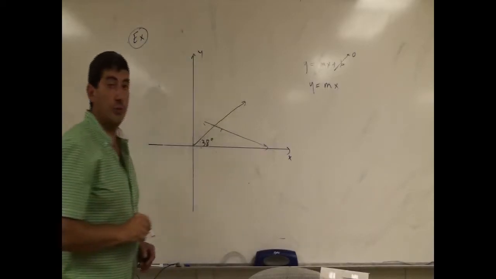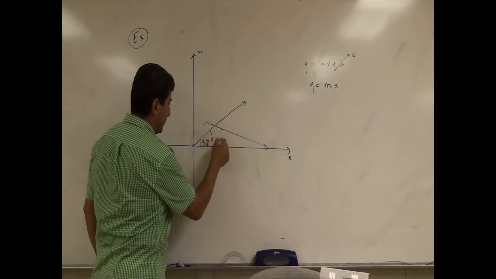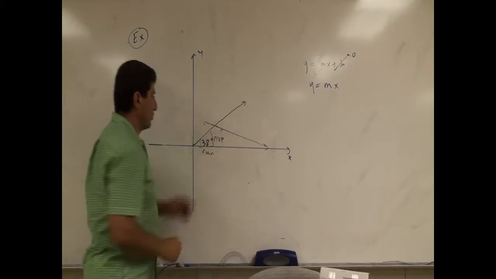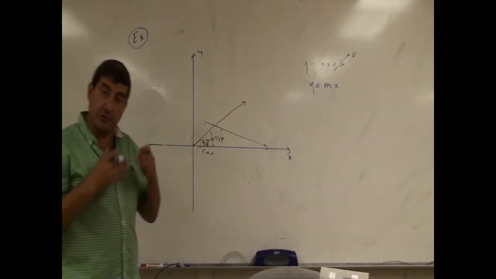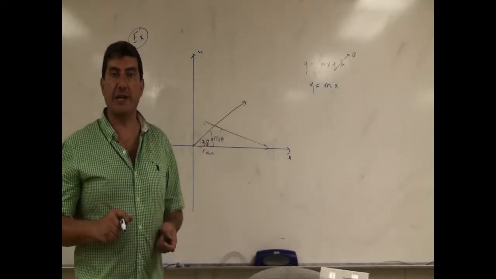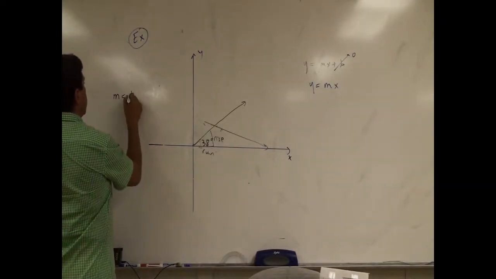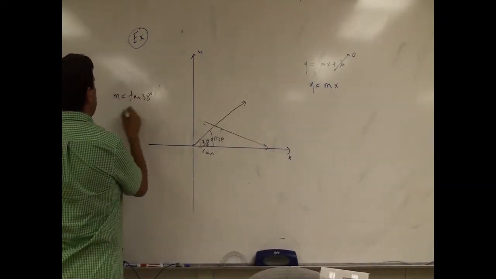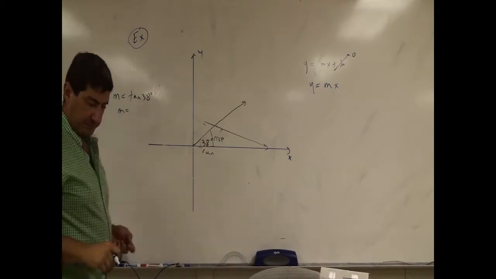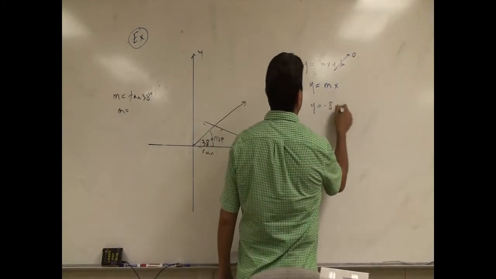So the slope is rise over run. So it would be tangent of 38, right? So if you know the angle of a line, you could take the slope by just calculating the tangent of that angle, right? So m is going to be tangent of 38. So it would be what? That comes out to 0.8. So the equation of the line is 0.8x.